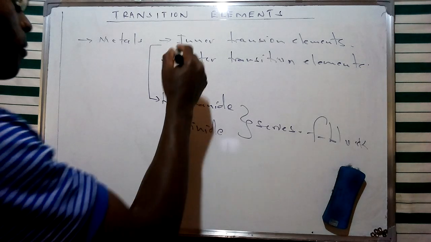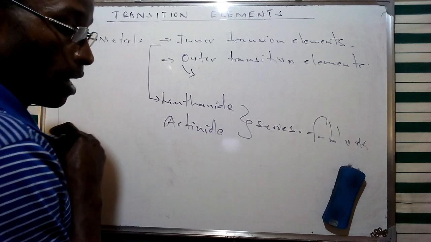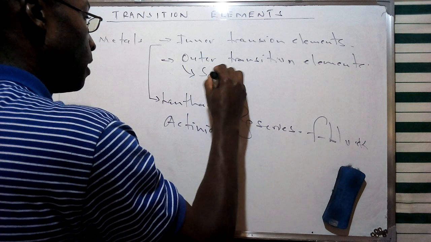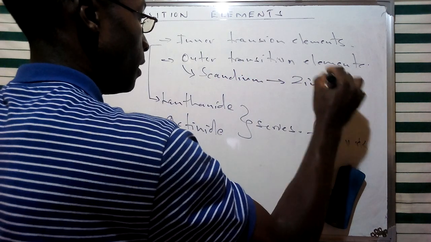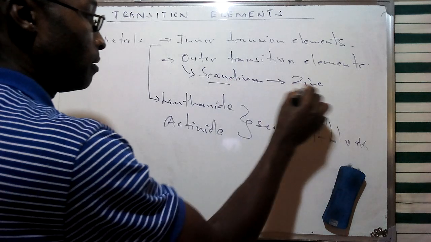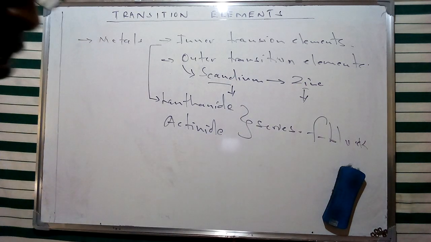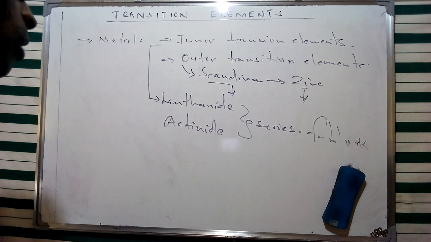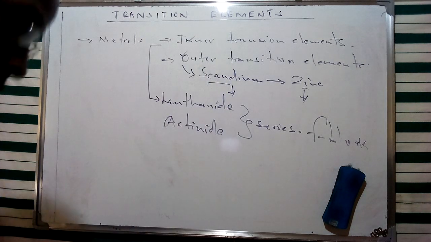Now, for the outer transition elements, they are different groups starting from scandium to zinc. So for the scandium group through the zinc group, the groups ranging from group number 3 to 12 form a range of transition elements which we are going to study in these two blocks, the inner and outer transition elements.